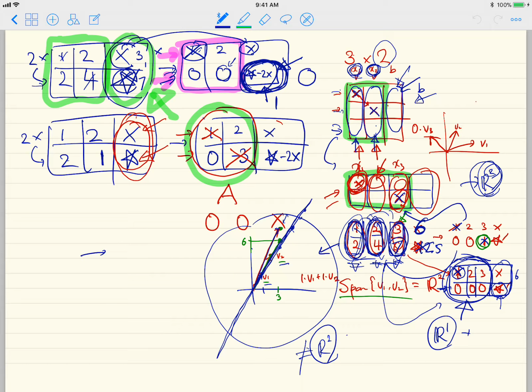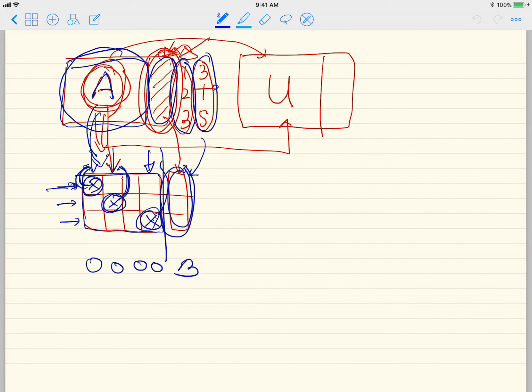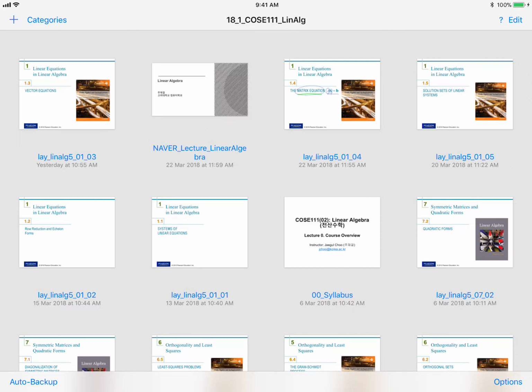Okay, so last time we discussed the 4 different perspectives of matrix multiplication.